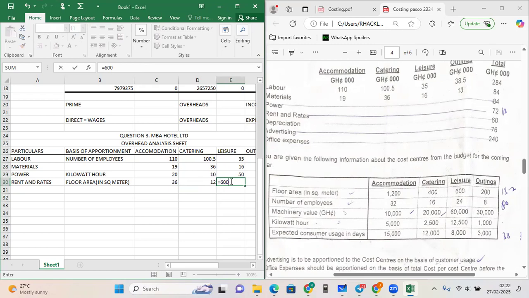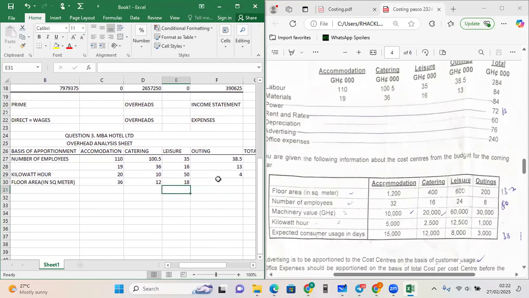The next one is 600 divided by 2,400 times 54.